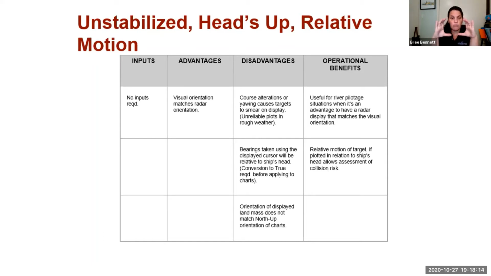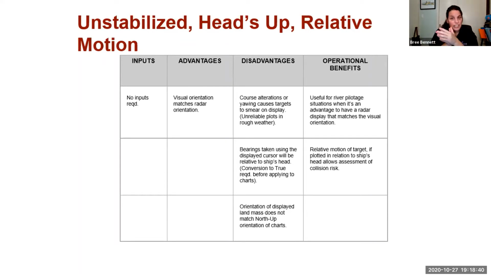So my radar scope will look like what it looks like when I look out the window. So if I see a blip on the radar off the starboard bow, I'm going to look off the starboard bow and see some sort of target or something out there. So it matches, and it's easy to detect something on the radar and then identify it as we look out the window.